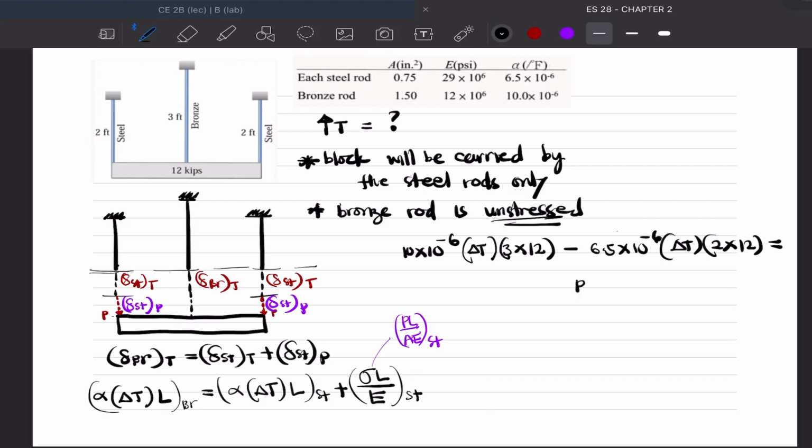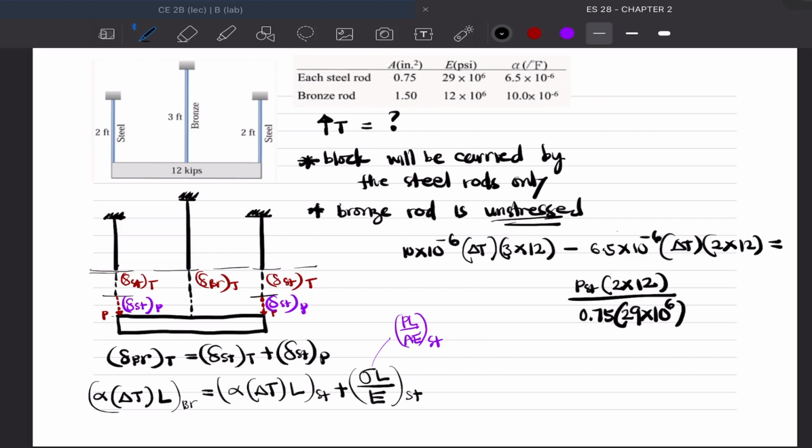So, this is P, L of the steel is 2 times 12 over area of the steel, 0.75, E for steel is 29 times 10 to the power of 6.